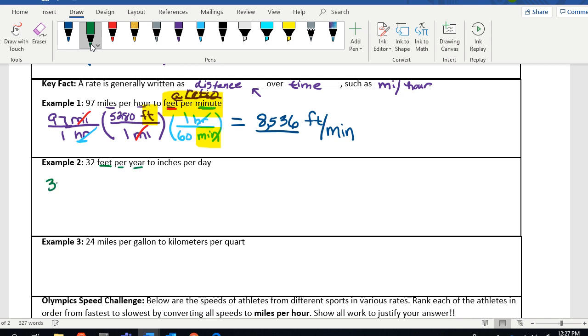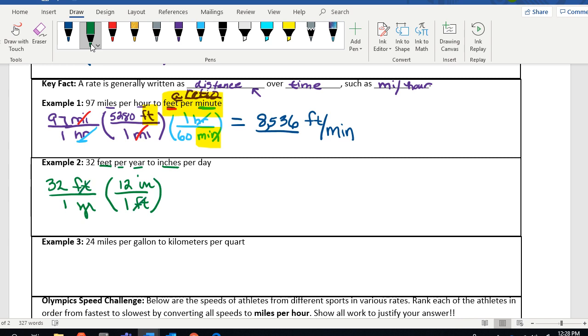All right, so 32 feet per 1 year times, okay, I've got to get to inches per day. Well, the first thing I'm going to do is get to inches. I'm going to do all of that in green. So 1 foot is 12 inches. Now, notice the feet cancel.